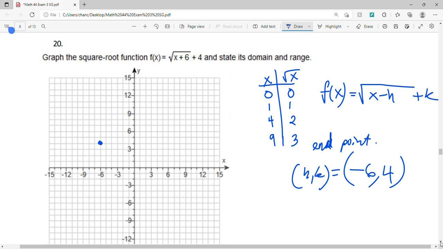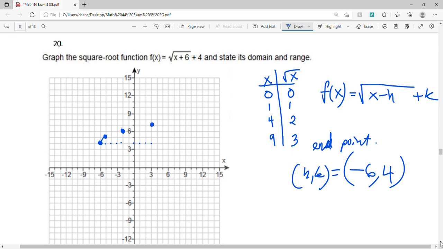And we'll go to the right 1, up 1. That's our second point. And to the right 4, 1, 2, 3, 4, up 2. And we'll get the fourth point here. Right 9. So this is right 6, 7, 8, 9, up 3.